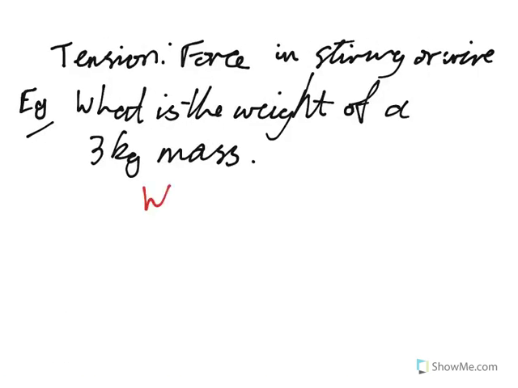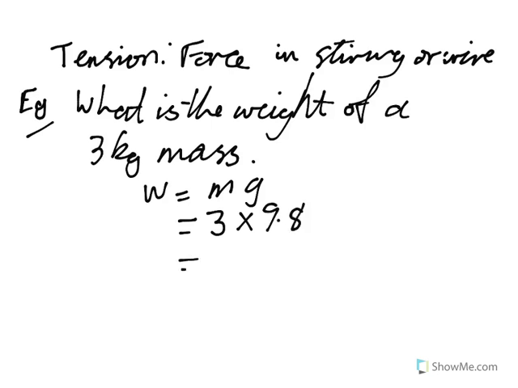So it's m times g. The mass here is 3, and g is 9.8. And 3 lots of 9.8 is 29.4 Newton, and the direction would be down.